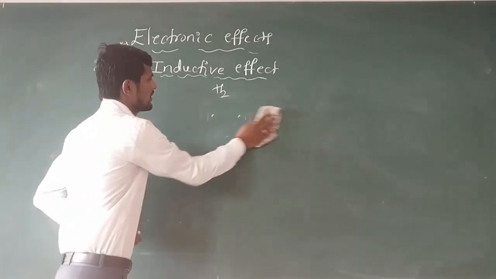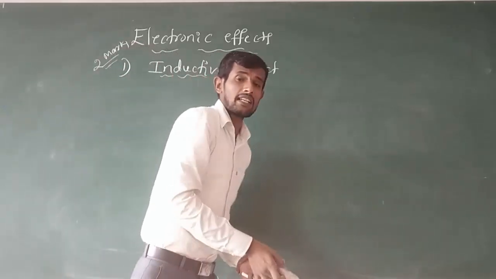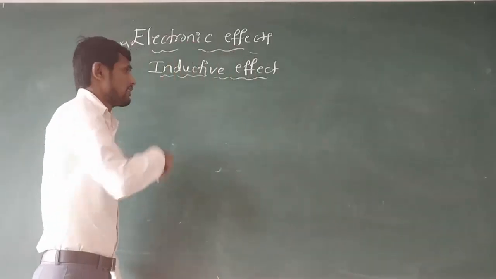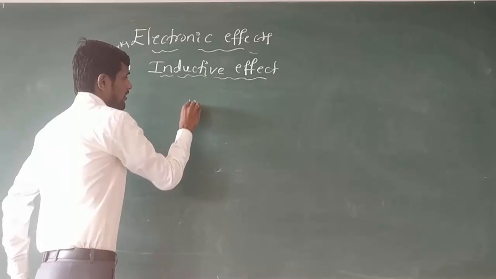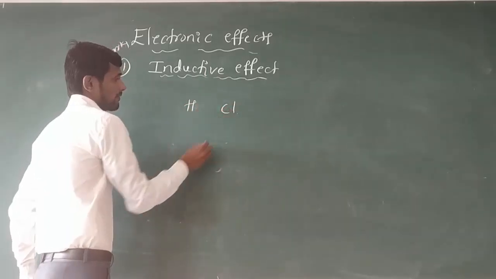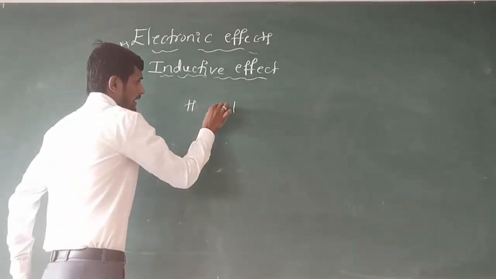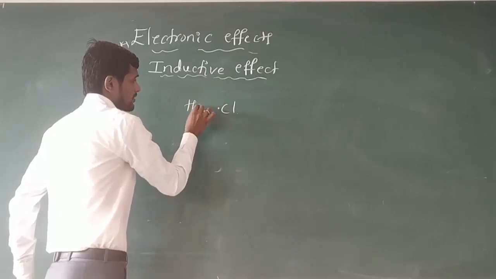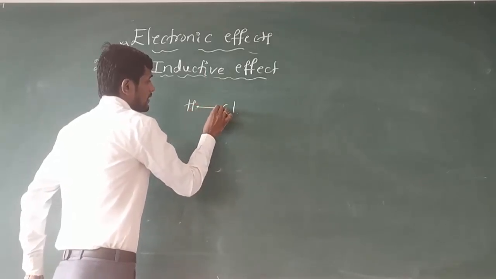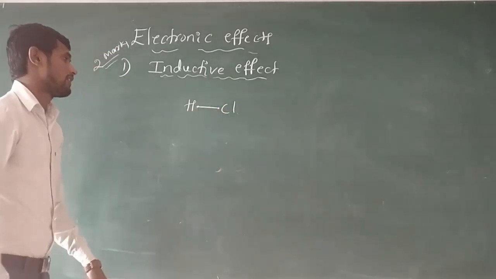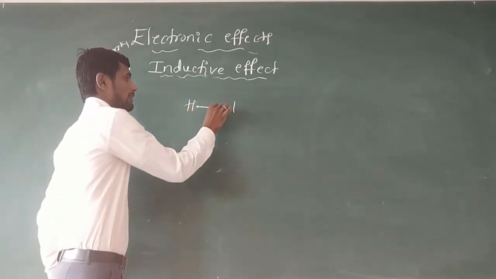But if different atoms are involved, like HCl, you know, one electron of this when shared, at that time covalent bond is formed between these two atoms.